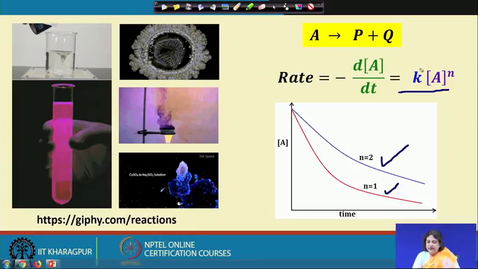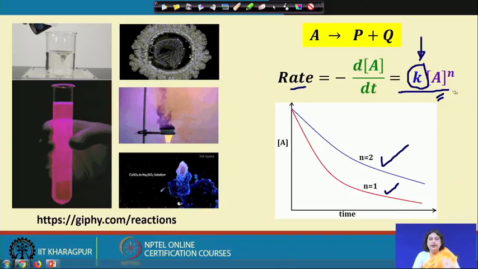Now, in this rate of the reaction, the important quantity is this rate constant, which is a proportionality constant that tells me, for the given reaction, how the rate will be estimated for a given concentration of A. So, the challenge of today's lecture is if we can give a microscopic interpretation of this rate constant k, because the rate that we are measuring, we are using all the macroscopic equipment to do that.